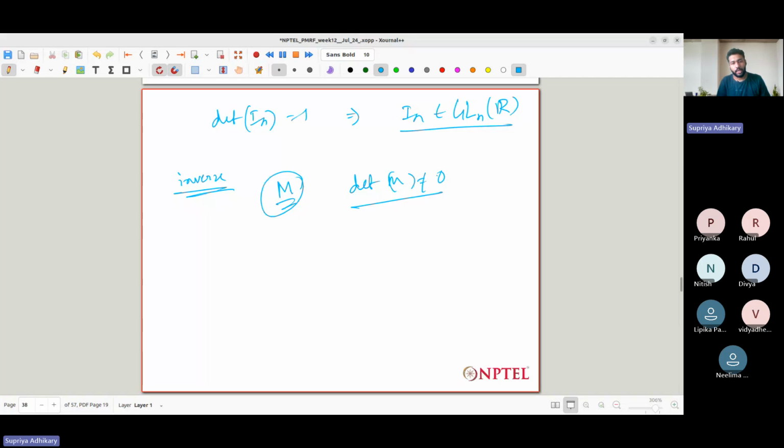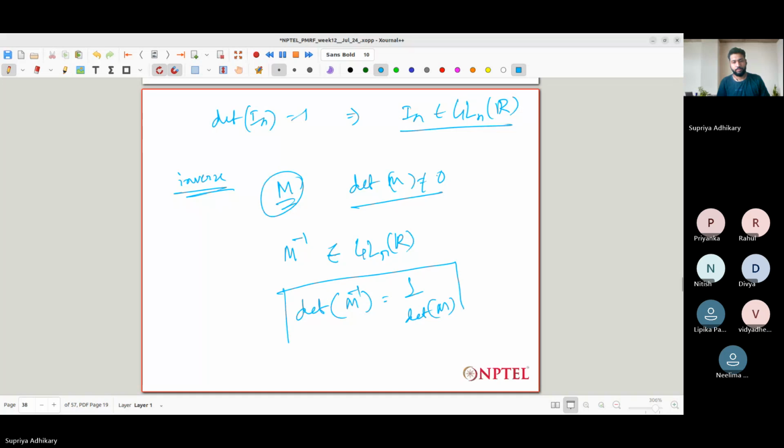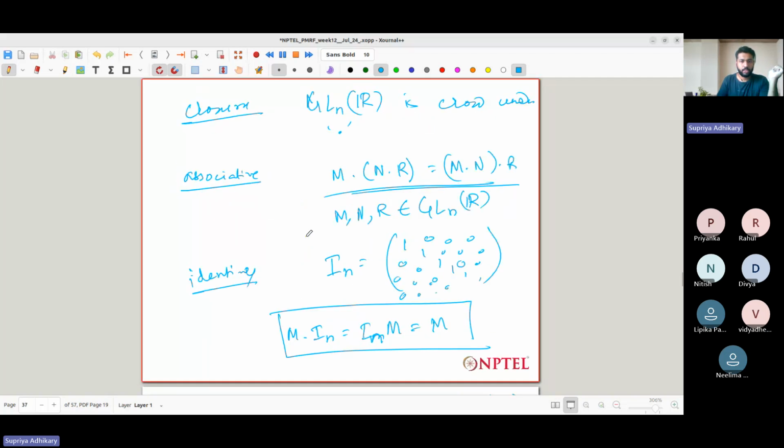That is, we can get an M inverse such that this M inverse belongs to GLnR. And the determinant of this M inverse is nothing but 1 over determinant of M. Okay. So this forms a group. I mean, this GLnR forms a group with respect to this dot operation.